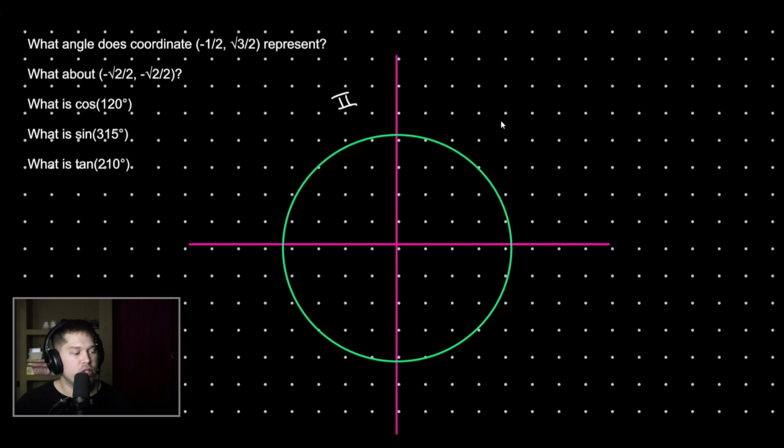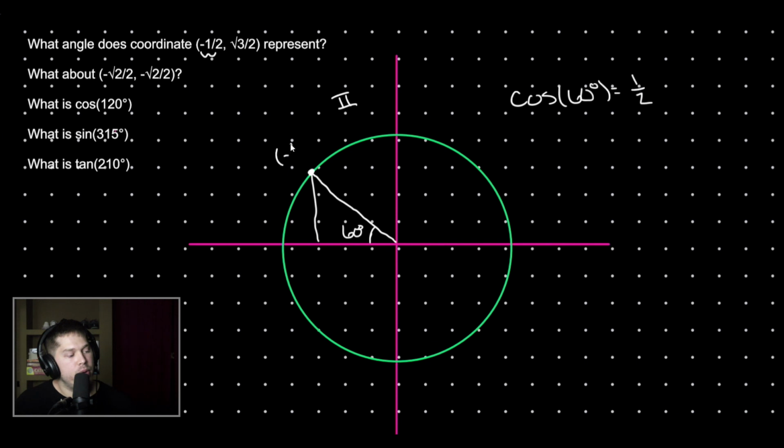Okay, so how can we use that to our advantage when solving this problem? If we know that cosine of 60 degrees is equal to 1/2, and we know that this coordinate point is at negative 1/2, well, that means if we make some right triangle, this angle theta must be 60 degrees, and so this point will be the negative 1/2 and the root 3 over 2 in question.